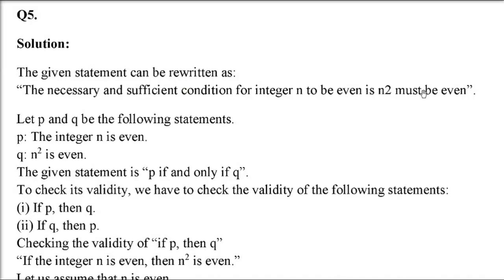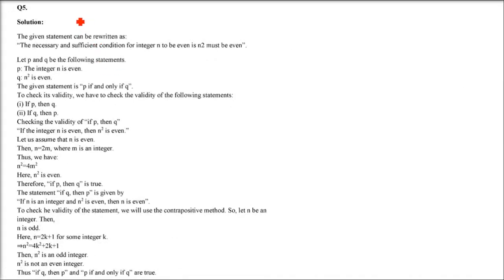Now we can rewrite this statement in a form where we can insert necessary and sufficient, and also find out the statements which are making this compound statement. Let me write the actual statement first. The integer n is even if and only if n square is even. This if and only if is the main thing.